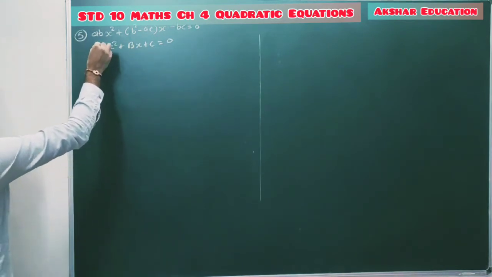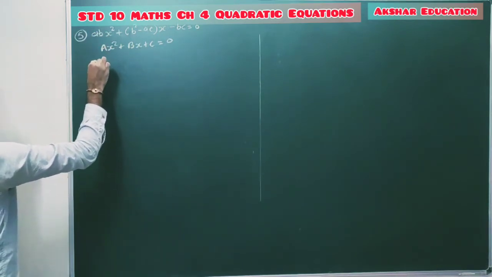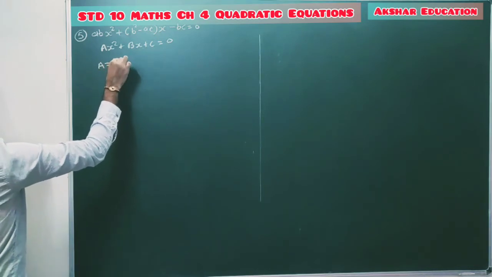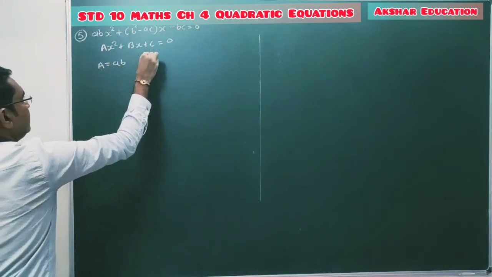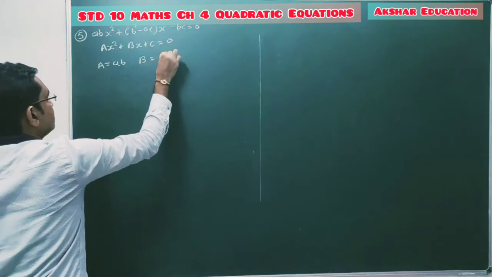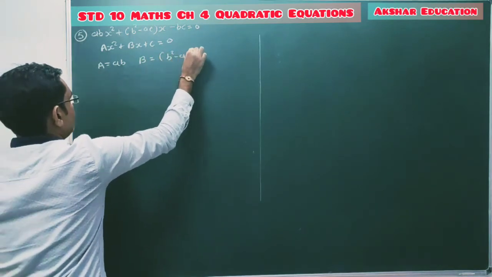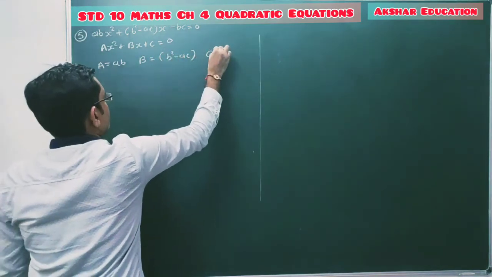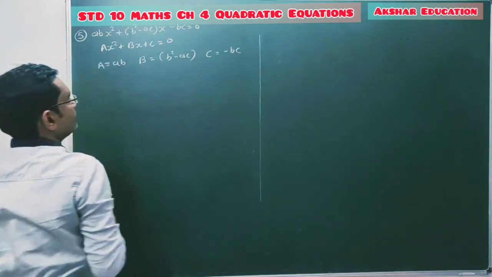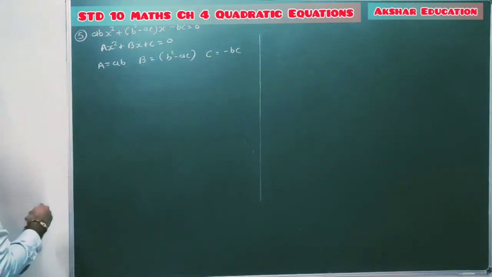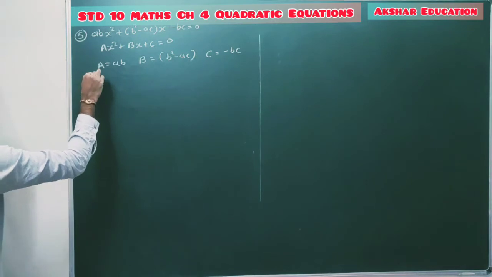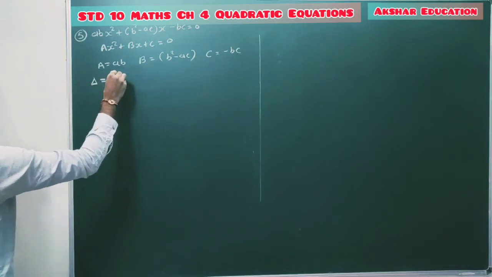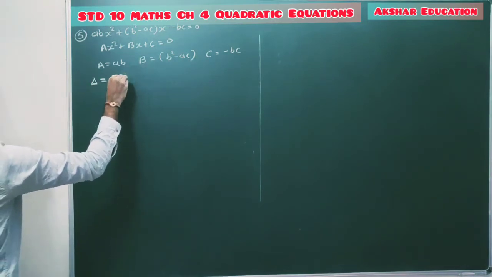So here after comparing these coefficients, we are getting capital A equal to small ab, capital B equal to b square minus ac, and capital C equal to minus bc. First we have to check whether the real roots exist or not. So for that we have to find the value of the discriminant, which is B square minus 4AC.